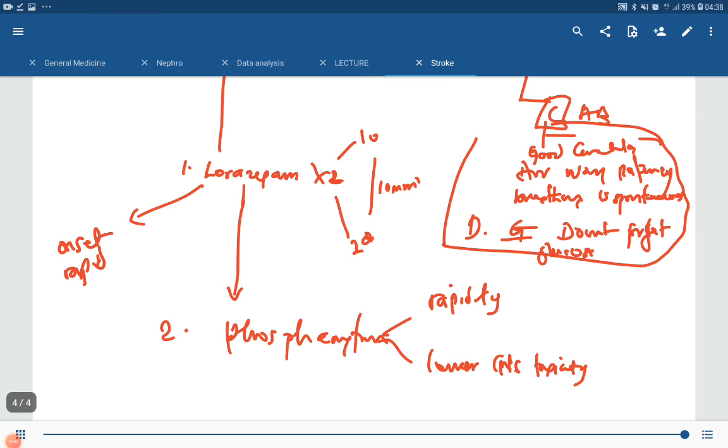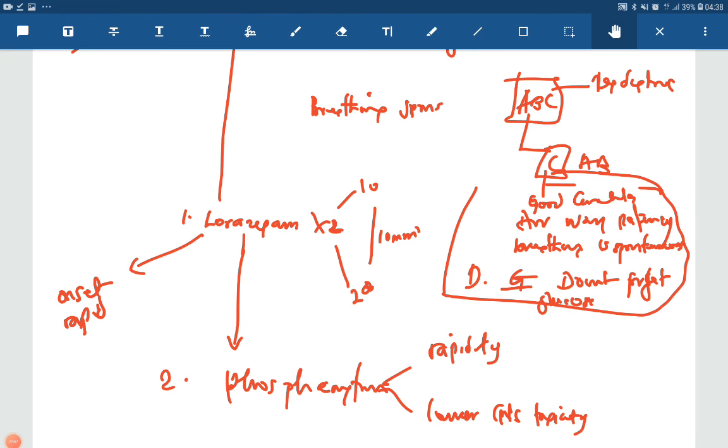Sorry, the spelling is F, not PH. It should be F. Fosphenytoin. Yeah. So that's it. And that is important because you don't want to worsen the patient's problem. So, you want to use what has lower toxicity.